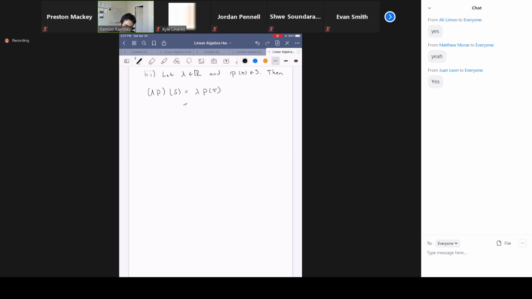Well, since P is from S, this is also equal to P prime at 8, which is just lambda P prime at 8. So lambda P is definitely in S as well. And so that one is a subspace for sure.